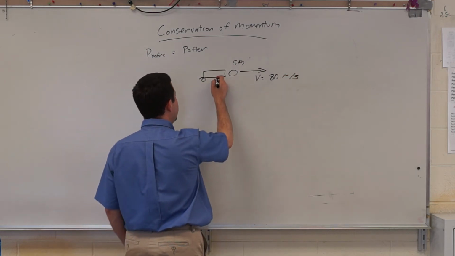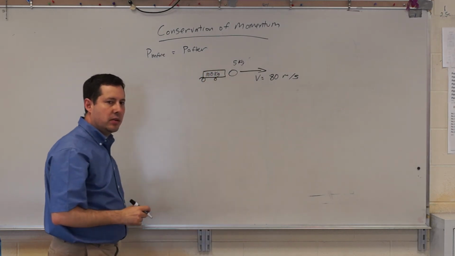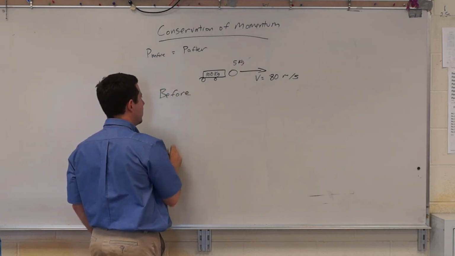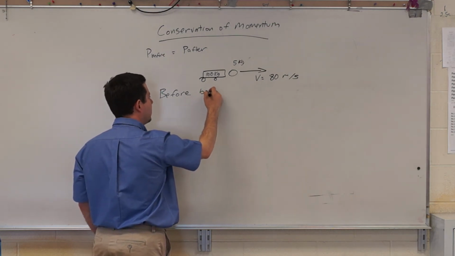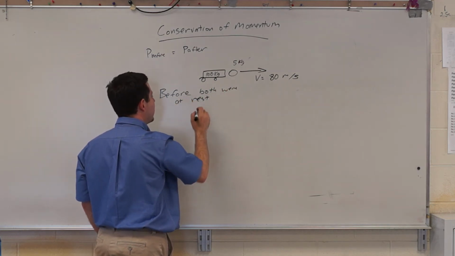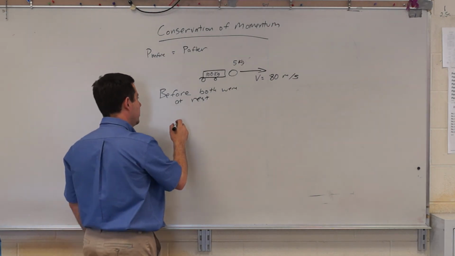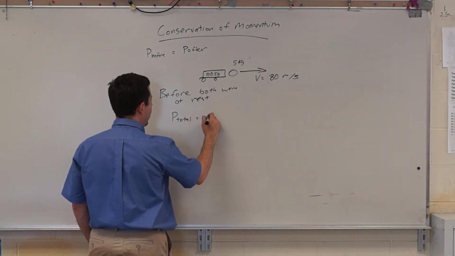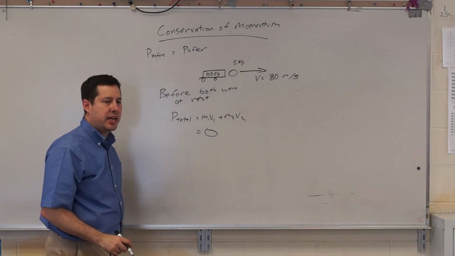And let's say your cannon here is 100 kilograms. So before they were shot, both objects were at rest. So this is not a collision, this is like an explosion. Sometimes you can have spring launches as well. So P total, which is m1 v1 plus m2 v2, is just 0 because both objects had a velocity of 0.